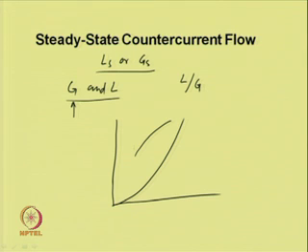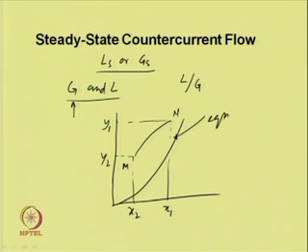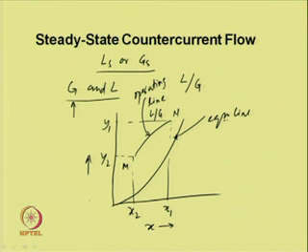So, it will be a curved line like this, and if we plot, this is x2 and this is y2, this is x1 and this is y1. Suppose these are two points M and N, and this is the equilibrium line, and this is the operating line with a slope L by G. So, the slope is changing if we plot in terms of mole fraction basis.